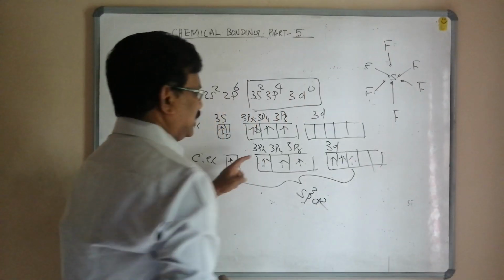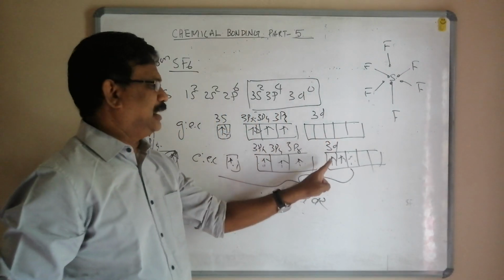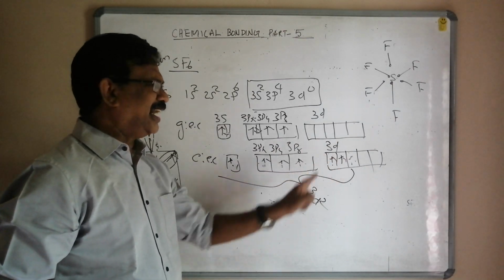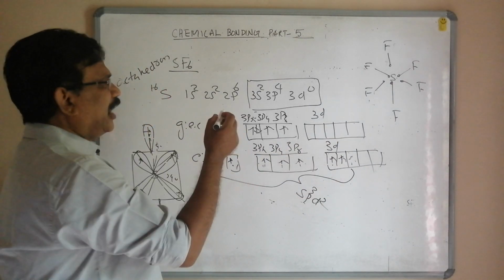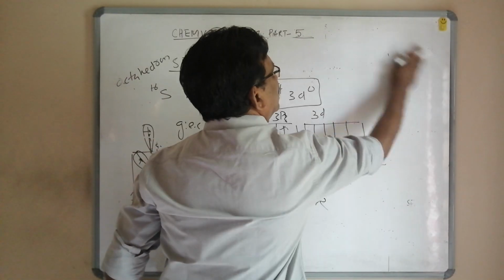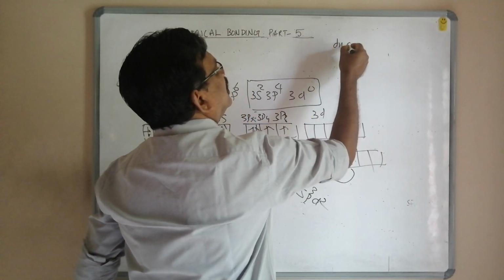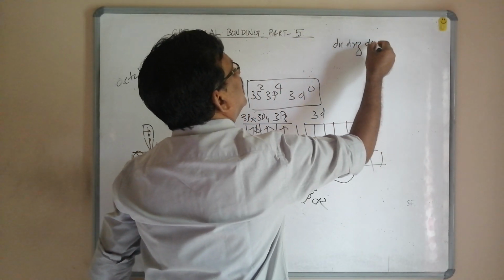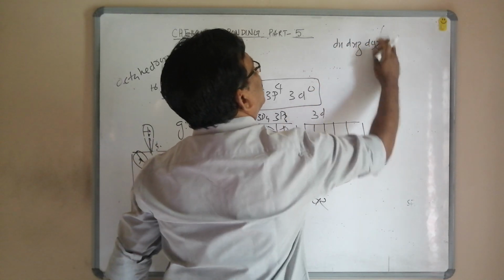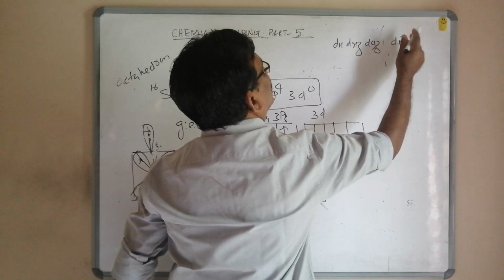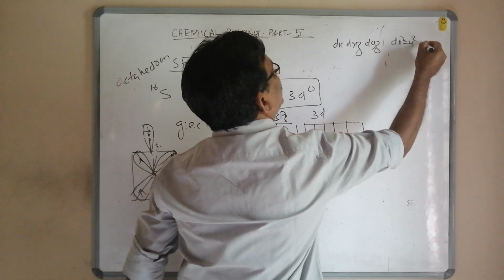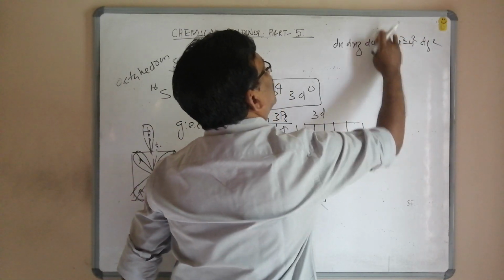So 1s, 3p and 2d orbitals, d and d. What are these d orbitals? There are 5 d orbitals: dxy, dxz, dyz, dx square minus y square and dz square.